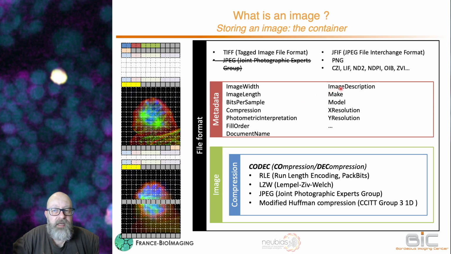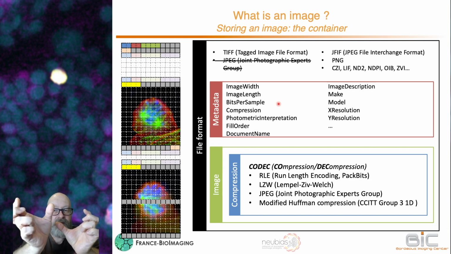In this field, image description, which may contain things like the camera you've been using, the model of the camera, etc. In a TIFF file, everything is well formatted according to some rules that have been set by the Adobe company. And so the metadata are composed of a tag, and then a content.